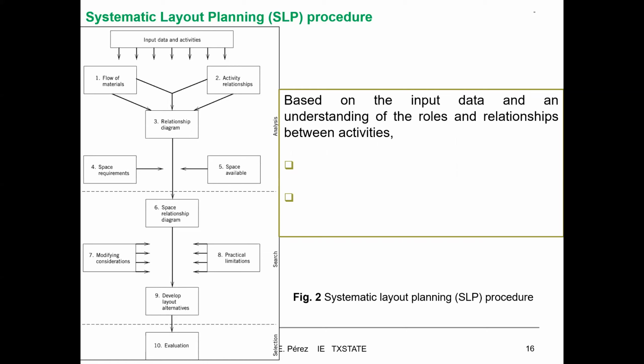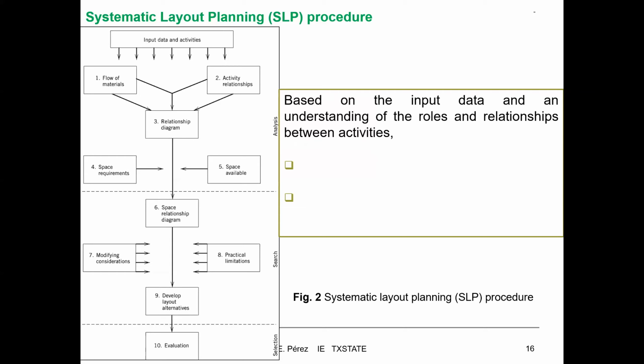Using the flow of materials and the activity relationships, you can develop the relationship diagram. And then you can integrate with the relationship diagrams information about the space requirements and the space available to develop a space relationship diagram. Using the space relationship diagram, then you can integrate any modifications or considerations or practical limitations to finally develop some alternatives. And then those alternatives can be evaluated in step 10.